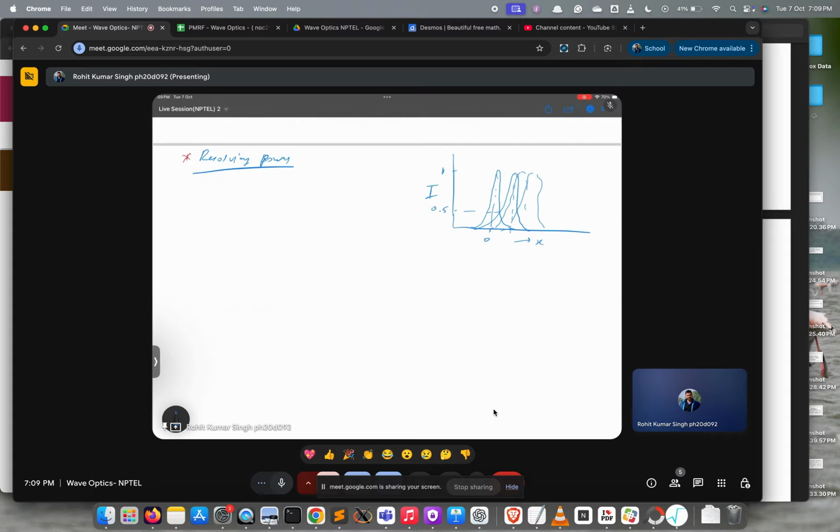Suppose the difference between them is this phase difference between the two resolved lights, and we know that delta is given by 4 pi by root of f.